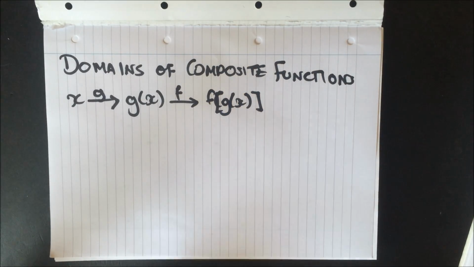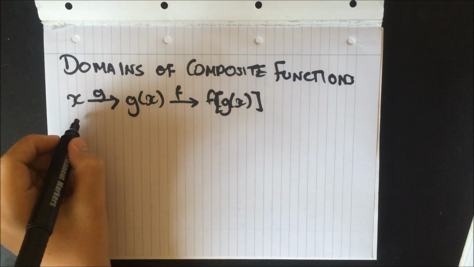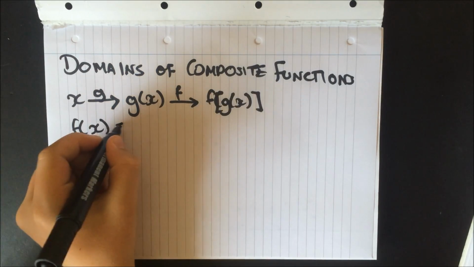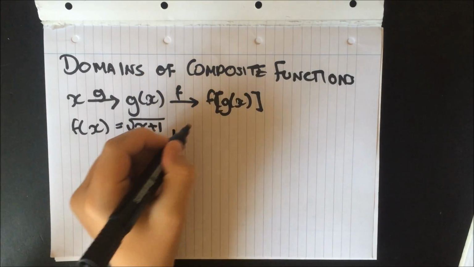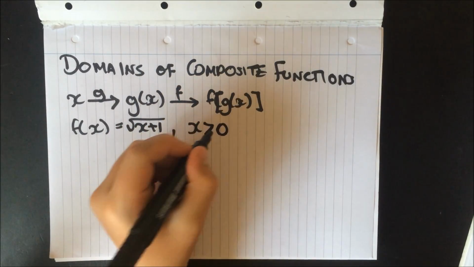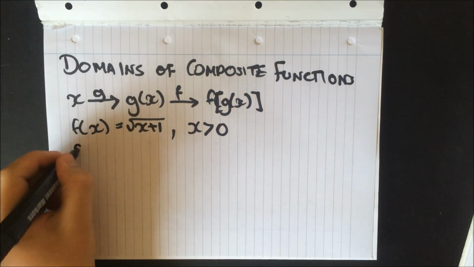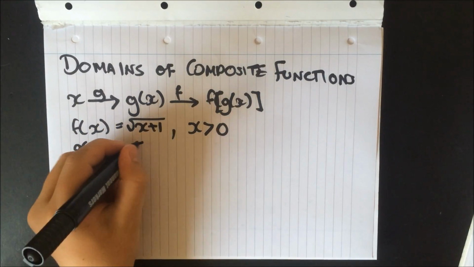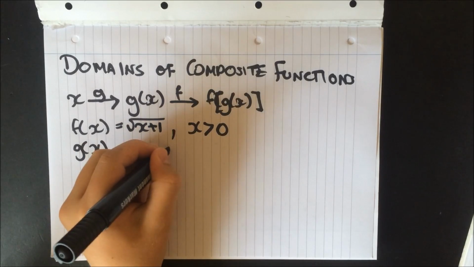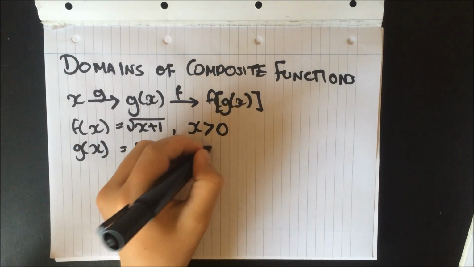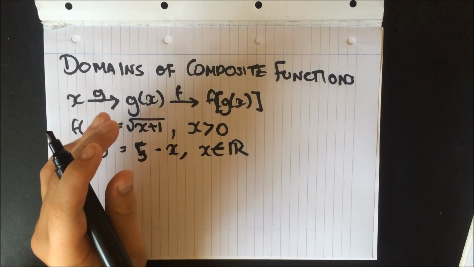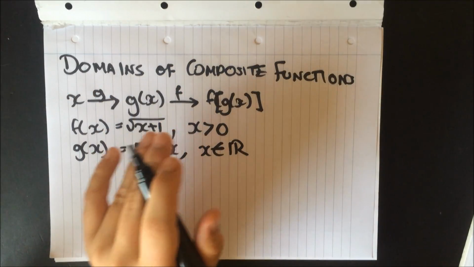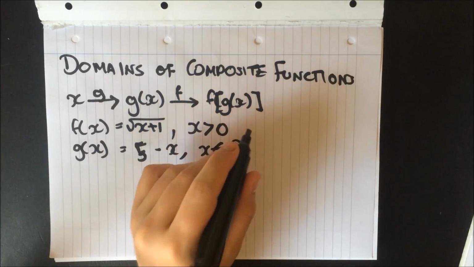So if f of x was given as the square root of x plus 1, where x must be more than 0, and if g of x is given as 5 minus x, where x is any real number, we need to find the maximum possible domain of f of g of x.